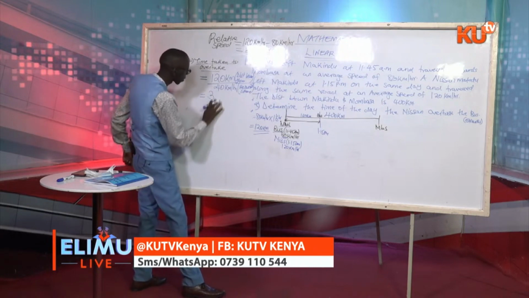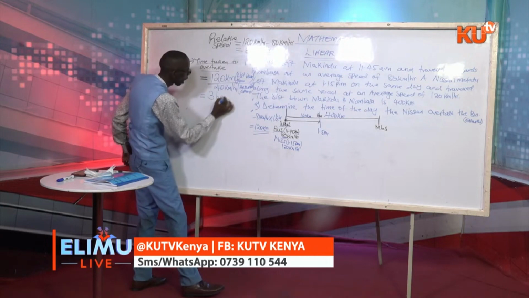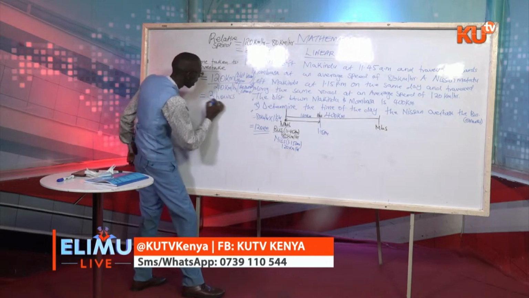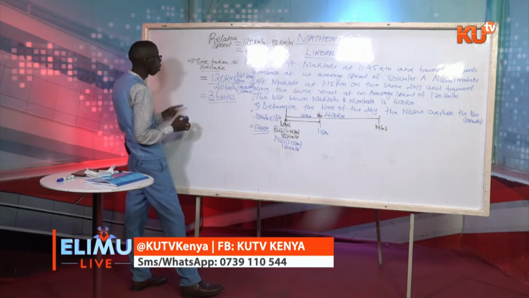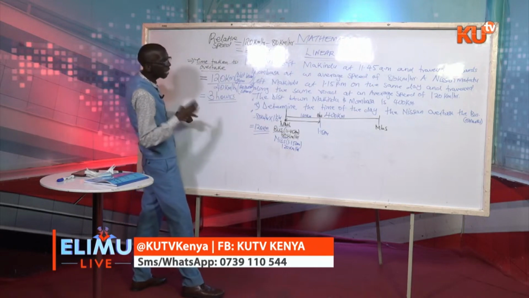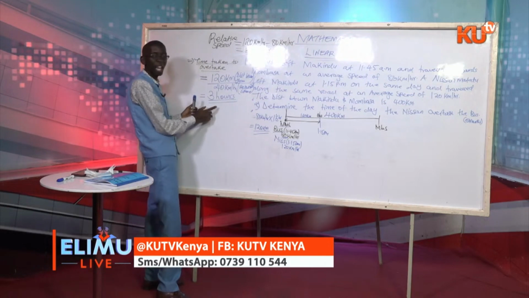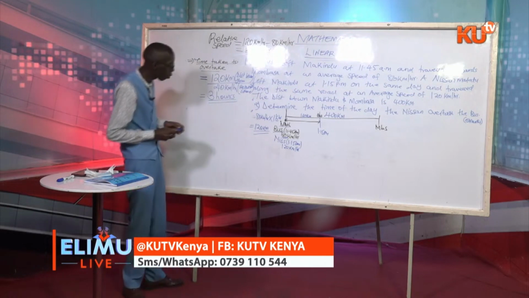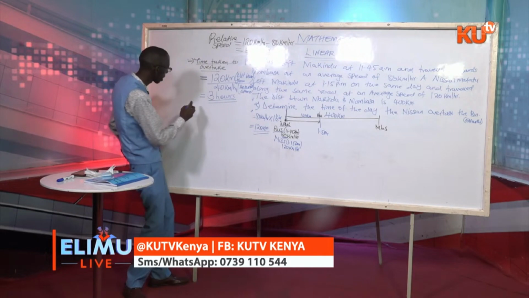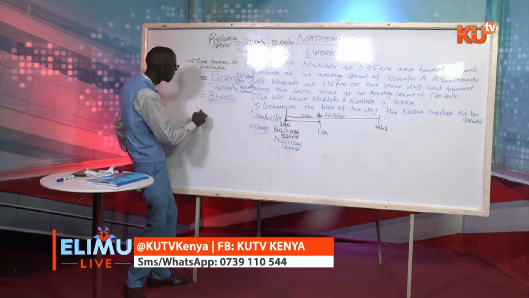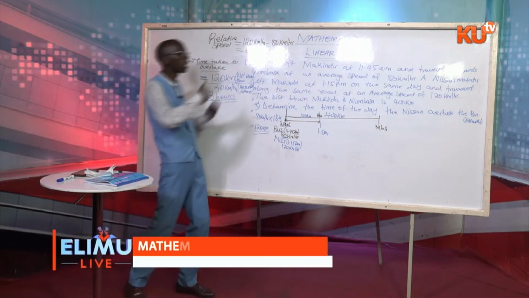Yes, that is hours. Time is given in hours. We'll have 3 hours. So the time taken by the Nissan to overtake the bus is 3 hours. But what is my question? What is the question, my dear student? The time of the day the Nissan overtook the bus.